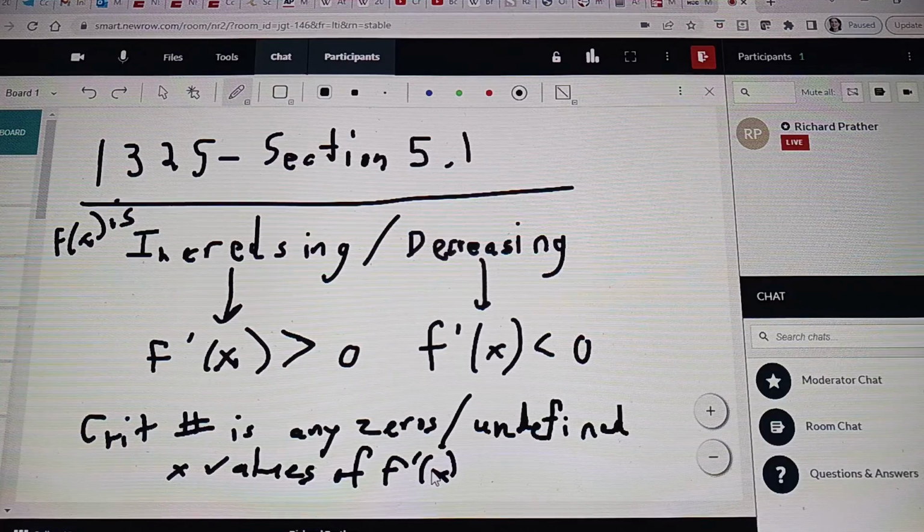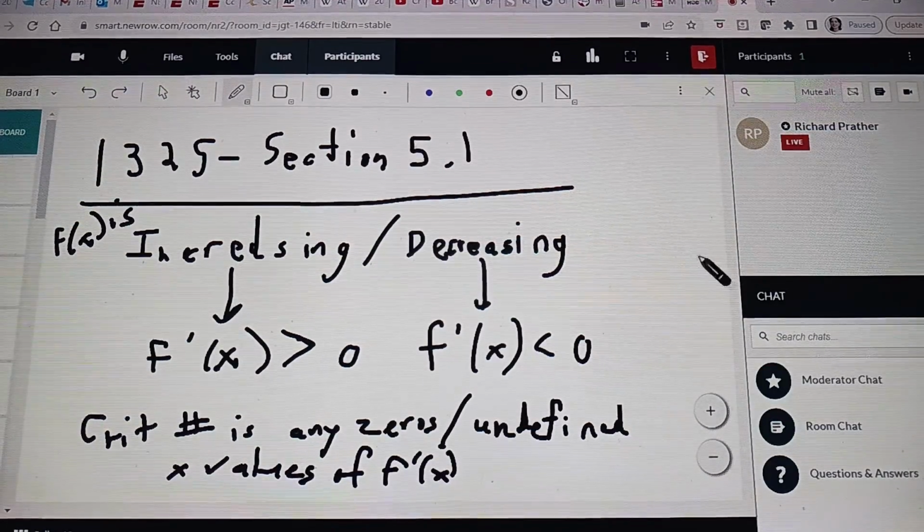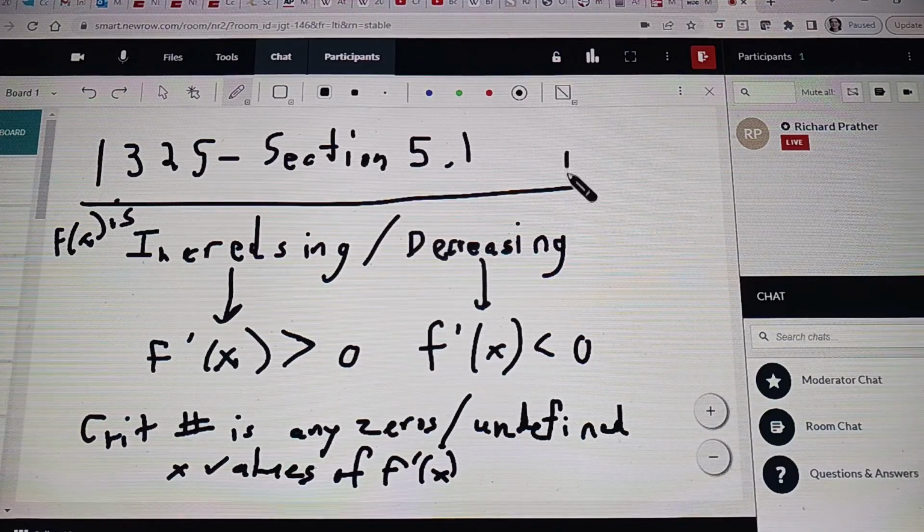Now, one little technicality to that is we want undefined x values in the derivative function, as long as they're not also undefined in the regular function. Because any x values that are undefined in the original function, you can't even do the derivative at that spot. You might remember there was some problems in chapter 4 where they gave us a graph. There was one that looked like the Houston Texans logo. And they asked, where are all the x's where there's no derivative? And it turned out in this picture, the only one was that corner point.